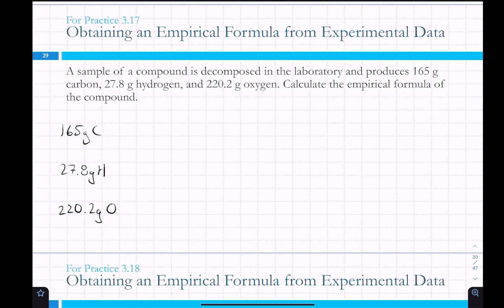And again, remember, the empirical formula is only the ratio of the moles. So we have to convert each of these into moles because those are the actual counts of the atoms in the molecule. And again, those are exact numbers.